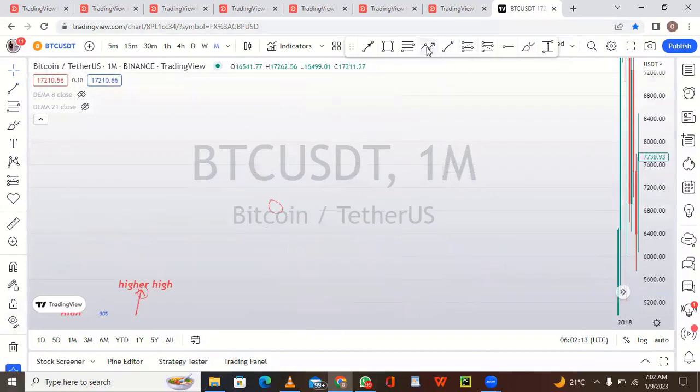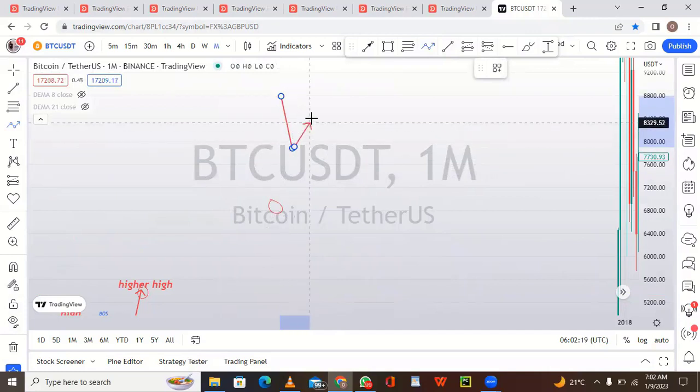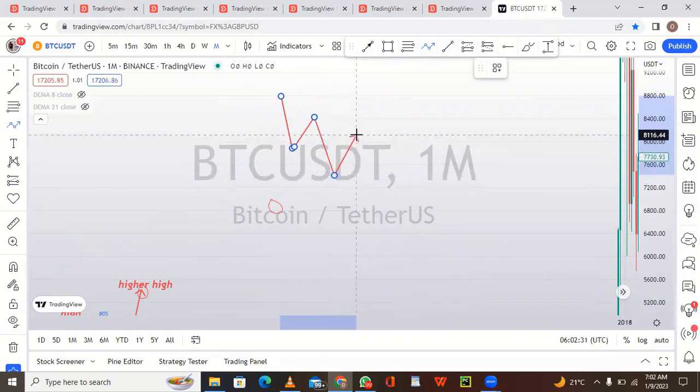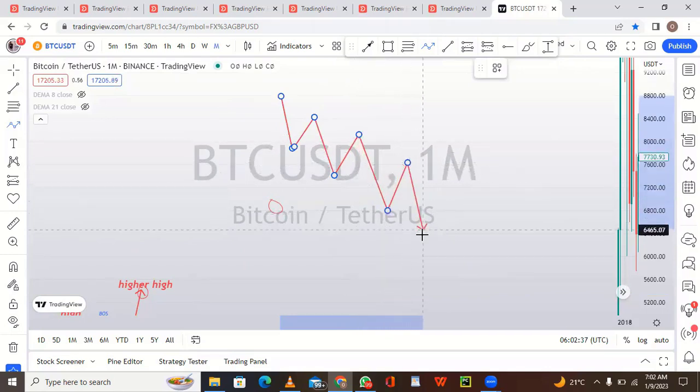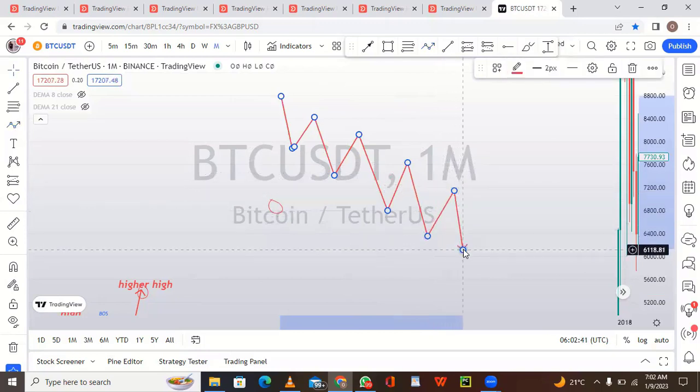So this is how a bearish market looks like. You have a high, a low, a lower high, a lower low, lower high, lower low, lower high, lower low, in that order.